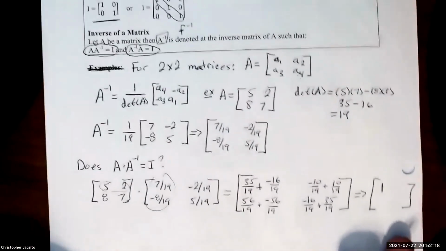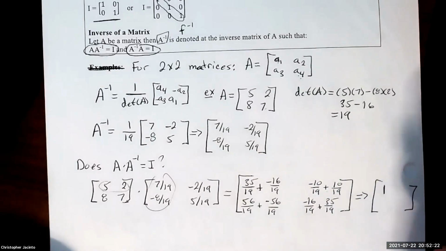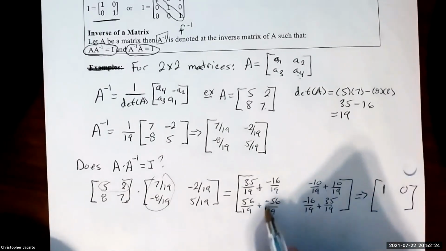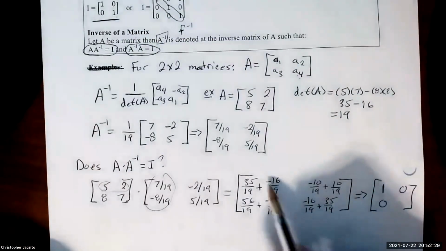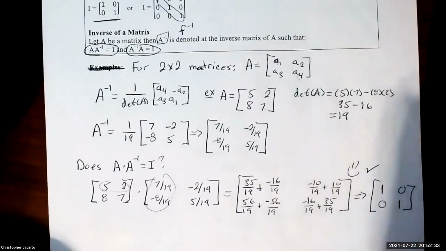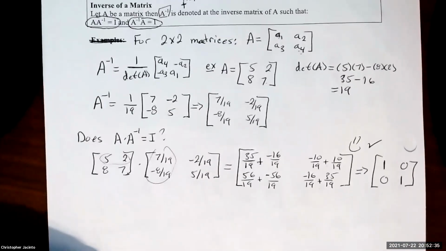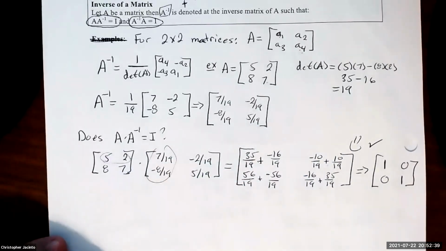Aha, look at that. We're good there. This is just 0, even better. That is just 0. Cool. Almost there. And then this is the same process. That's also going to be 1. So it works out. It does actually work. And this is the way to verify: are they actually inverses of each other?